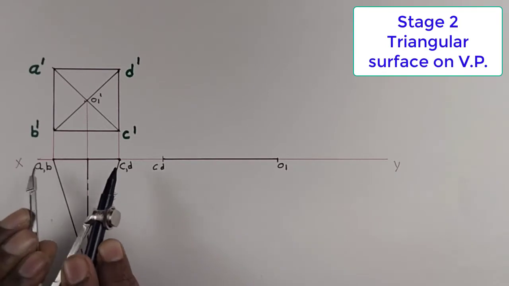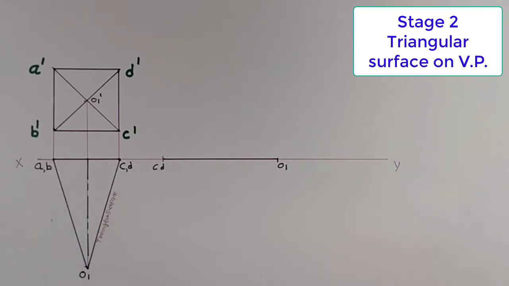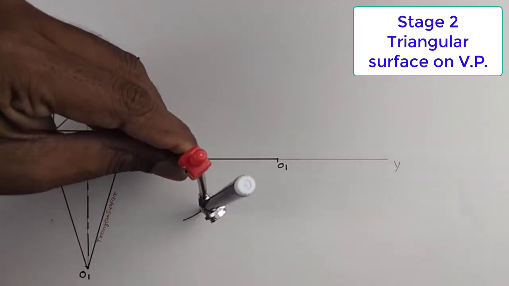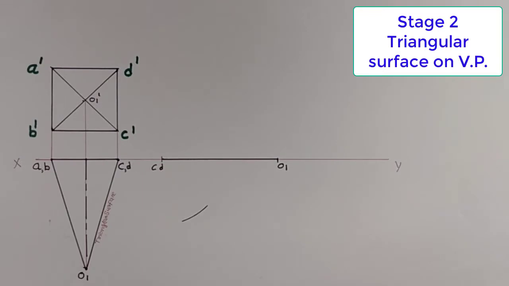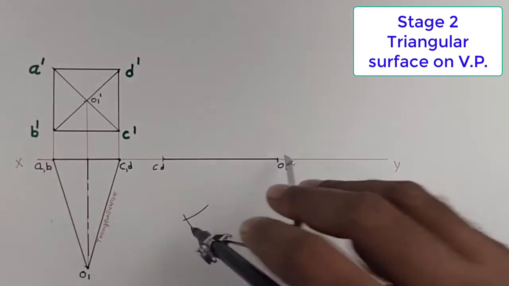First I take the dimension radius of the base, this distance CD, AB, with C point as center, and I draw the arc. Then from O1 to AB, you choose your radius, distance O1 to AB, center O1, and do the arc.